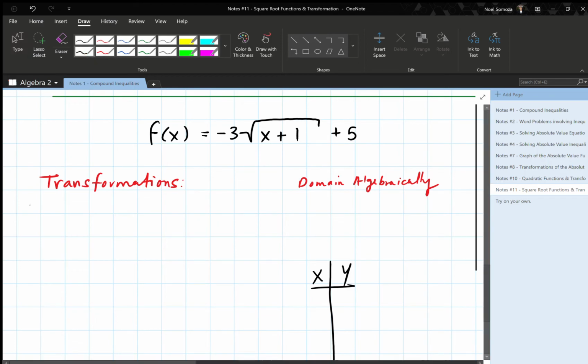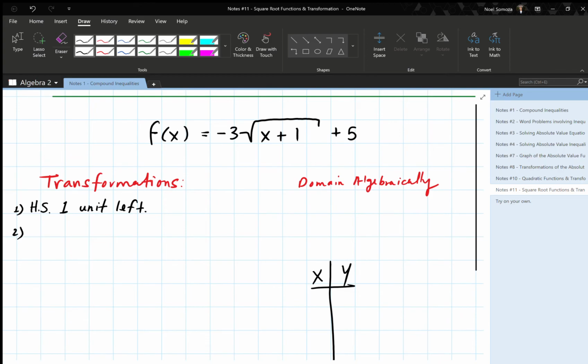Okay, so that's 1. Second transformation, what happens? Focus. Is it reflection?